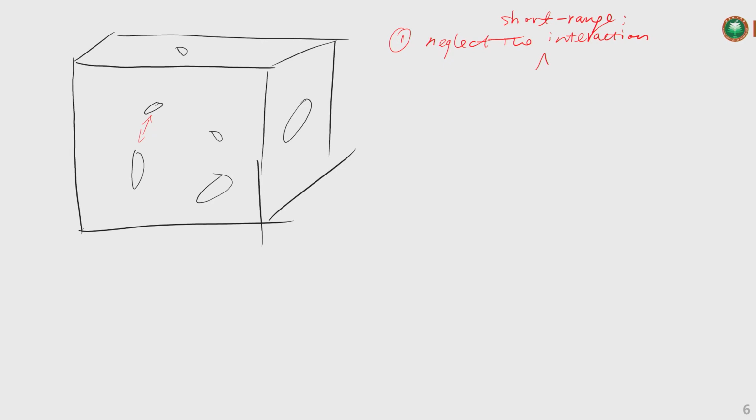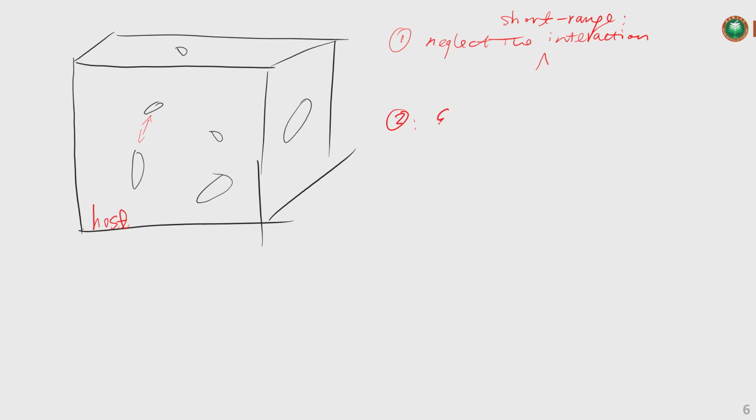That means the concentration of the inclusions inside of the host material is very low. This unit volume is the host material. So for a low concentration, we can neglect short range interaction. That is the first step. The second step is we assign an effective dielectric constant.